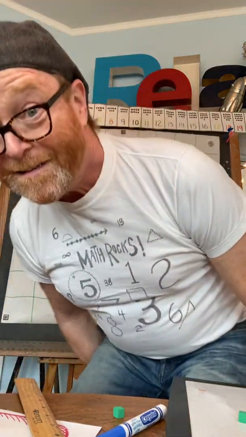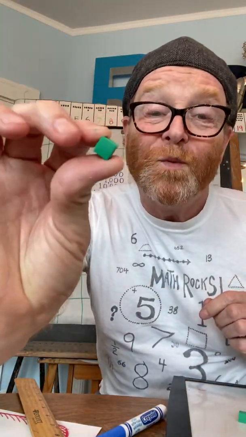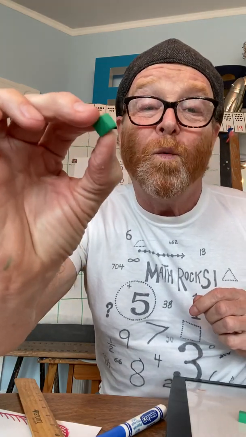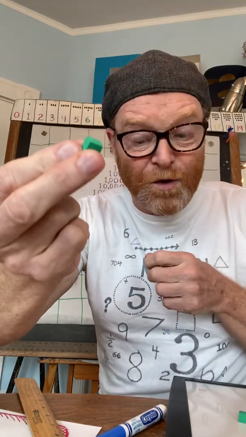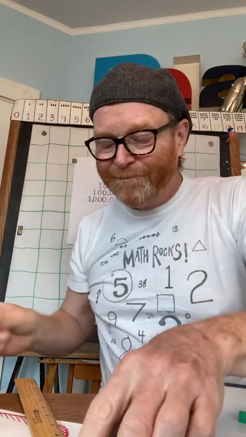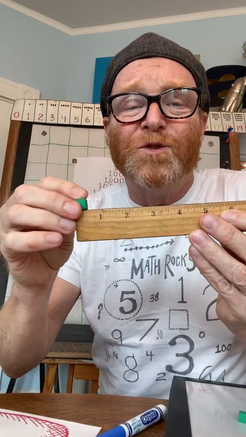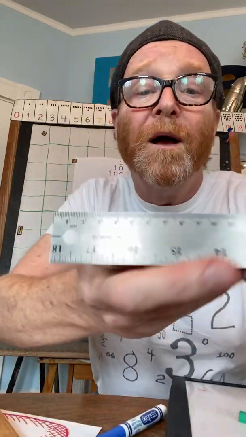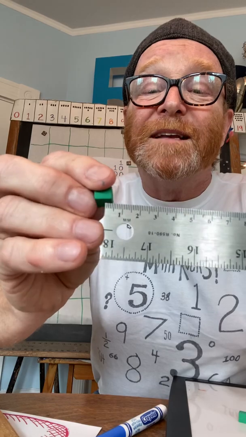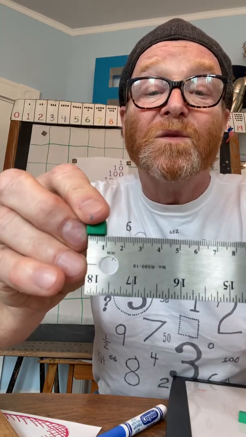I realized this because I had never measured one of these before. And when I took the time to measure it, I realized it doesn't really line up with the inches when we're trying to measure it in inches. But do you remember the other form of measurement, which is centimeters, that they use in a lot of parts of the world.